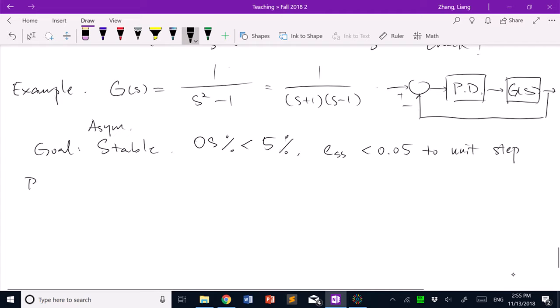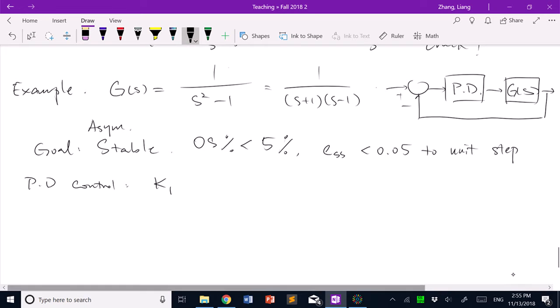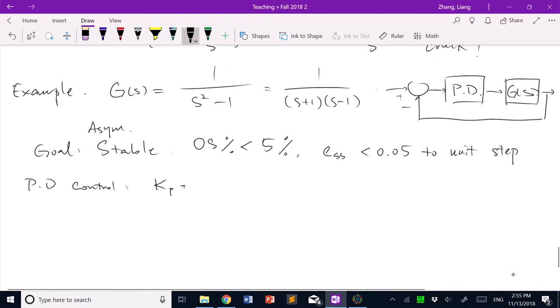Now, as I mentioned, I want to do a PD control in this example. And by definition, you should have a P part, proportional part, and D component. We have seen the P controller earlier and also the PI controller. Now, what we can directly see is if we calculate the DC gain, the DC gain of this controller is Kp.